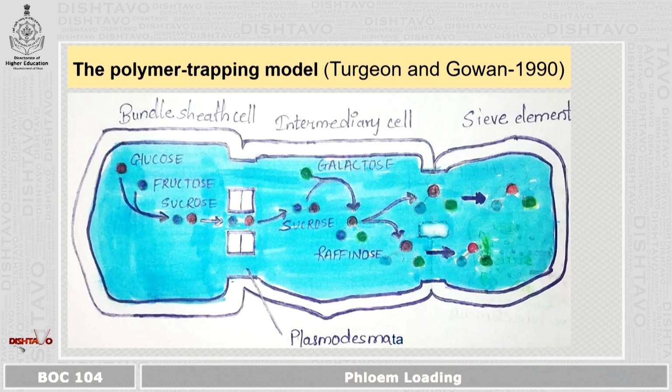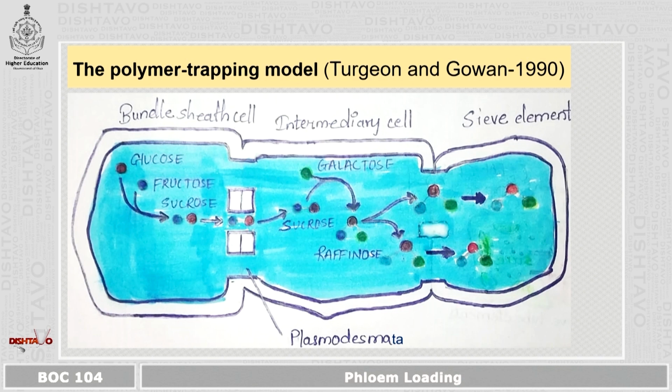Now, since its structure is much larger, it cannot go through the plasmodesmatal channel. So it passes through the pores of the sieve element. Each and every sieve tube element has sieve plates which are placed end to end. Each of the sieve plates has sieve pores which help in the transport of different solutes.